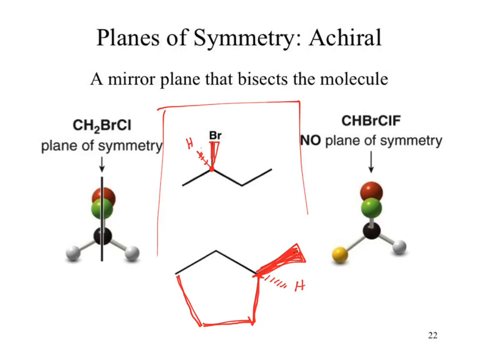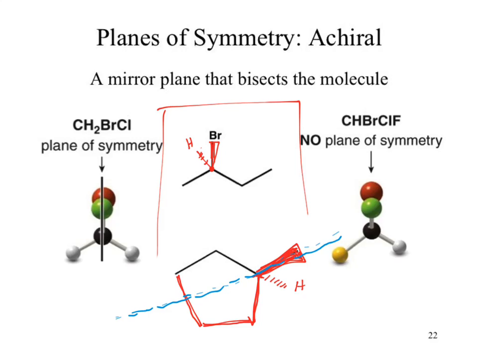Hydrogen, so that's different. Where's the internal mirror plane in this one? Not through the plane of the paper. It's perpendicular to the plane of the paper. It's coming directly out at you. We're now splitting the hydrogen and the carbon atom in half. Okay, there's your plane.